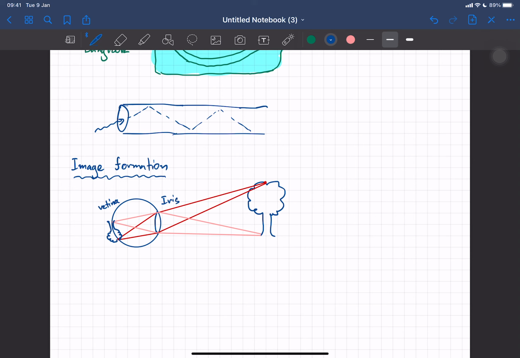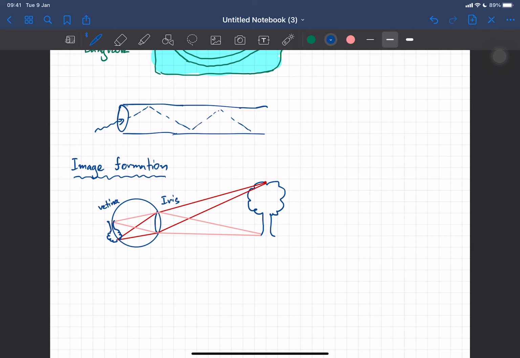That's the image on the retina. And the reason why we don't see it upside down is because our brain flips the image for us, right? So we don't need to think about that. Everything is automatic, but this is what's really happening. So we want to understand how this works in this part of the lecture.